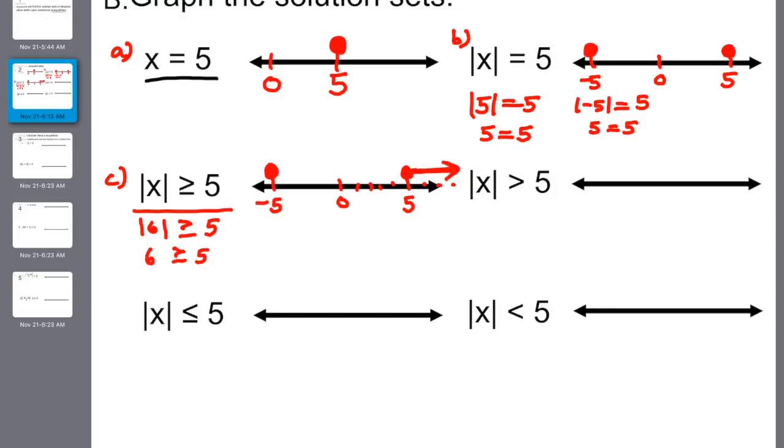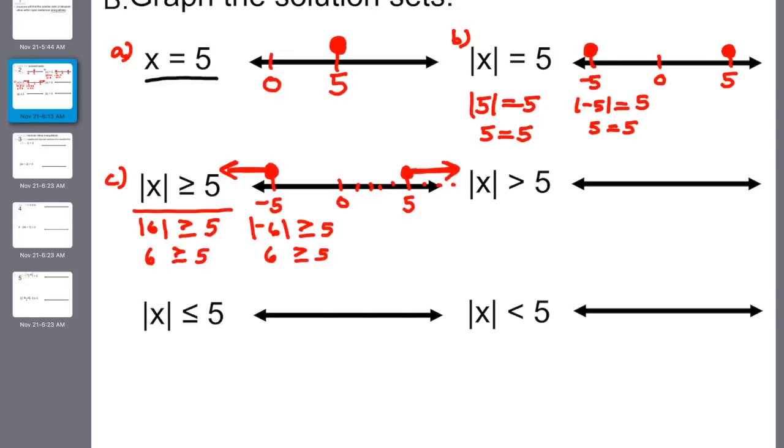But we also have some more values that will make it true. Just like 6 had an absolute value of 6, which was greater than or equal to 5, the absolute value of negative 6 is also going to be greater than or equal to 5, because the absolute value of negative 6 would be positive 6. So we're also going to have an arrow going out to the left here.